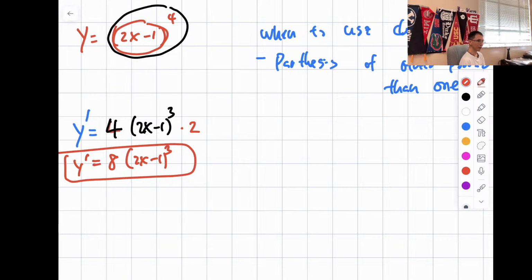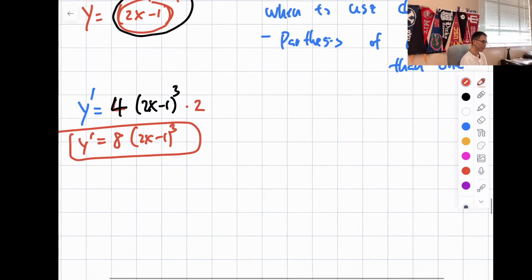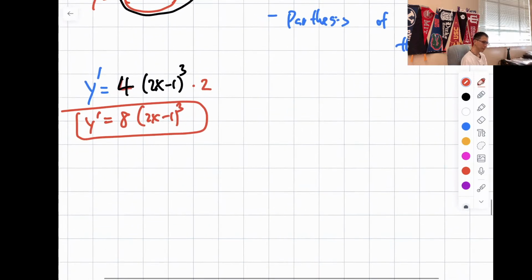Okay, that's a very good explanation. It seems like I did power rule, but I also take a derivative of the inside as well. The derivative of 2x minus 1 is 2. Treat the whole thing as one thing, and then you multiply that times the derivative of the inside.